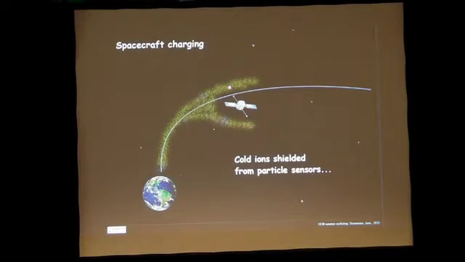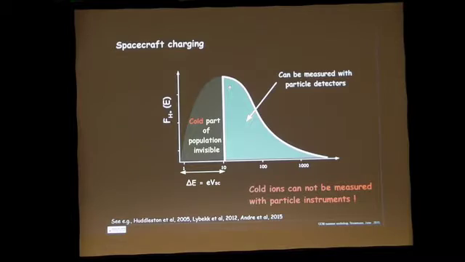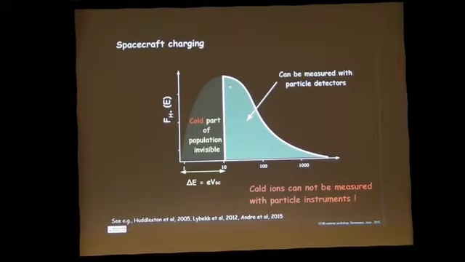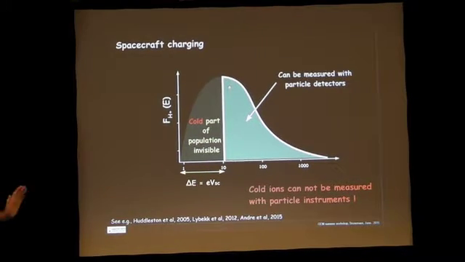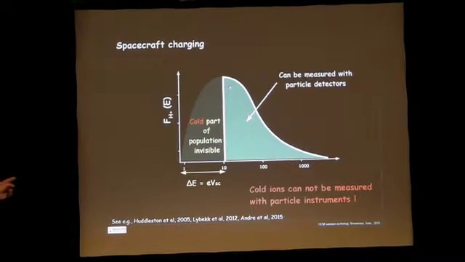So, however good your particle detector on board this spacecraft is, it doesn't help, because the particles will never come to it. So it means you don't have the full distribution of these particles. You can only measure a part of it. A large part of the lower energy cold ions remain invisible due to this.